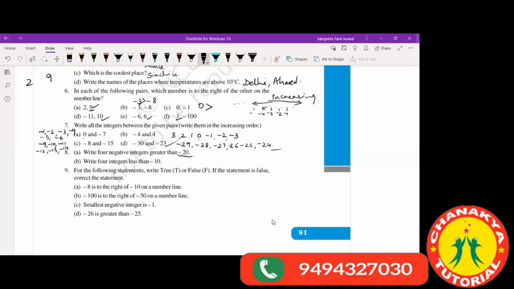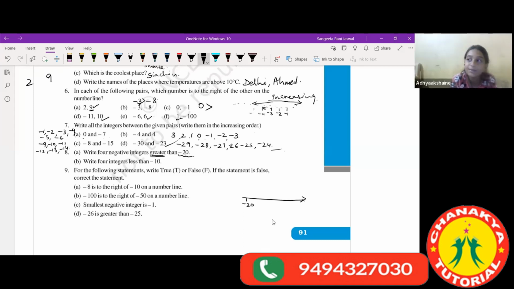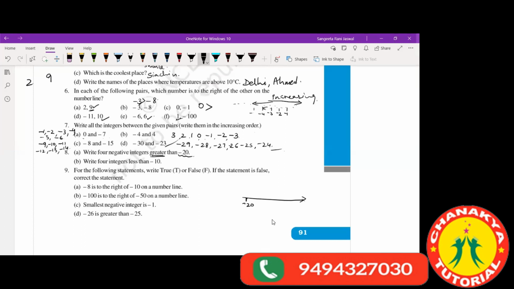No. See, numbers which are towards the right side are increasing. So you have to write 4 negative integers greater than -20. Numbers greater than -20 are all towards the right side because numbers increase only towards the right side. See here, this is -20.